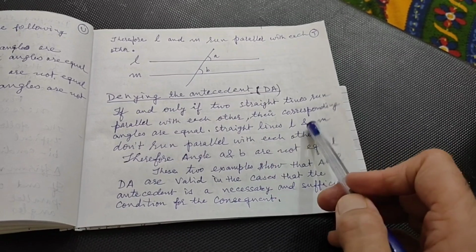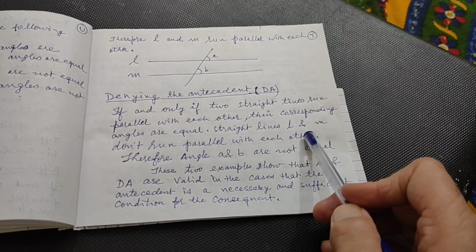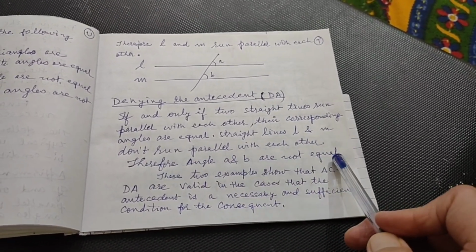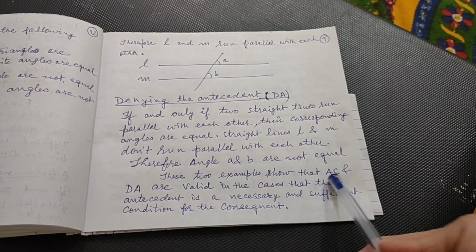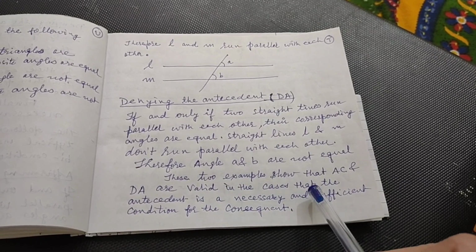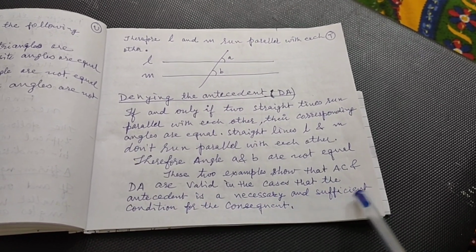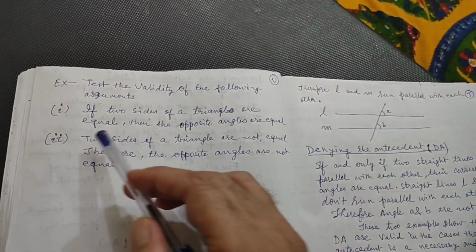Straight lines L and M don't run parallel with each other, therefore angles A and B are not equal. These two examples show that AC and DA are valid in the case that the antecedent is a necessary and sufficient condition for the consequent.